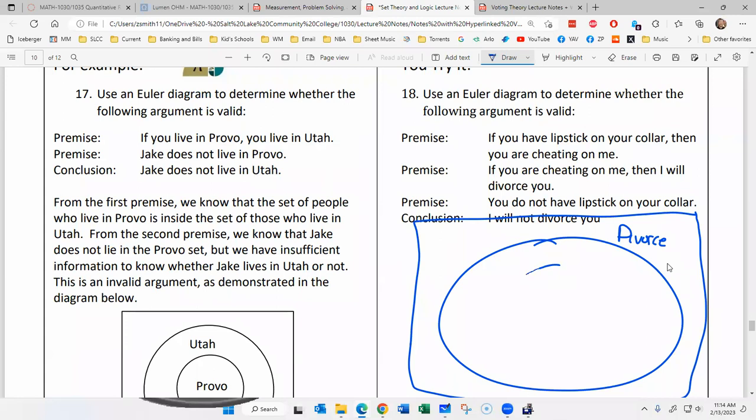Then cheating on me. If you're cheating, she will divorce you, or he will. And then if you have lipstick on your collar, then you're cheating on me. So lipstick. Every time there's lipstick on the collar, that means cheating is happening, just based on this premise. And every time there's cheating, that means divorce will happen.